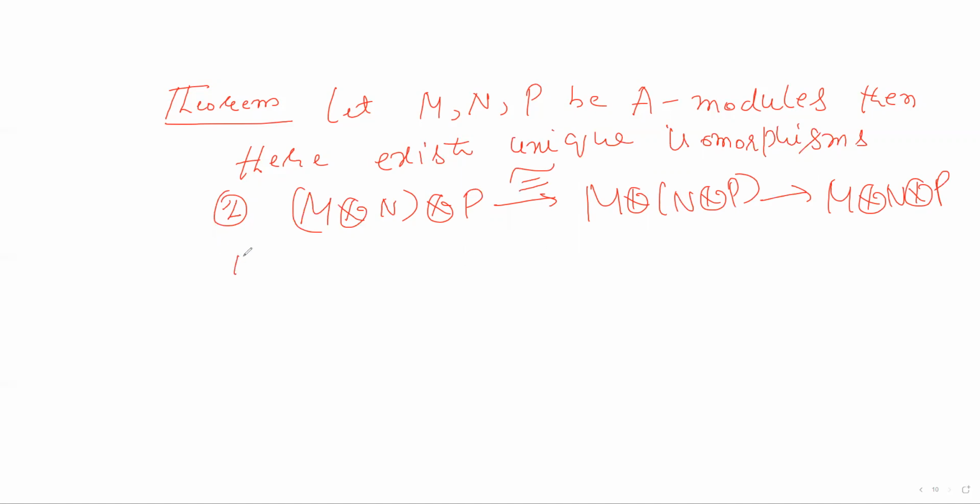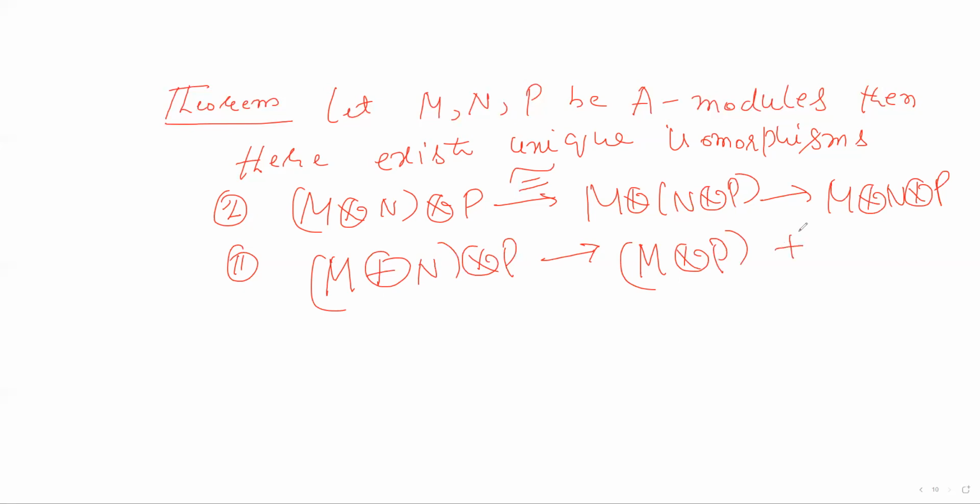And secondly, you will see that the direct sum distributes over the tensor product. M direct sum N tensor product P is isomorphic to M tensor product P direct sum N tensor product P.